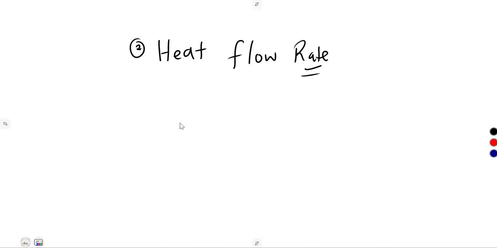The heat flow rate is taken from the two things that we have from our condenser: the steam, remember, we have got the part of the steam, and we also have the cooling water.